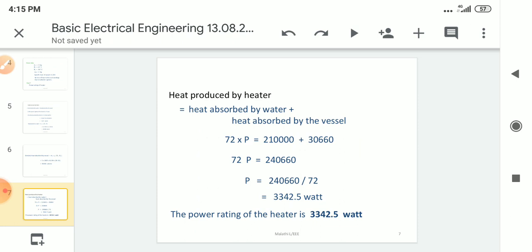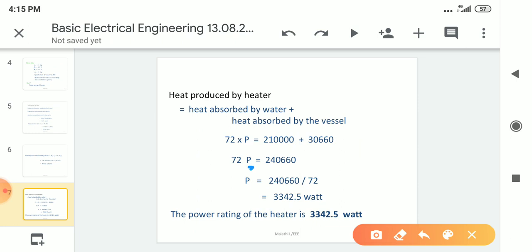72p is the input, 24,660 is the output. For finding the value of p, we rearrange the equation. p is equal to this value divided by 72.